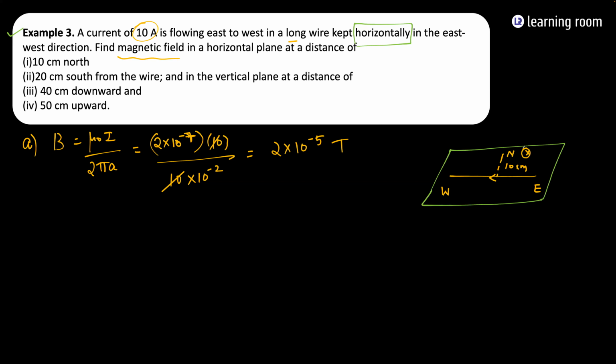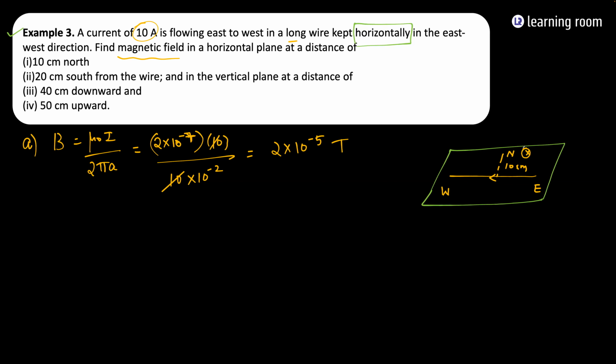So when I say into the plane here, you need to be very careful, isn't it? Actually, when I say into the plane, you need to mention it as vertically downward. In this case, why is it so? Because current is flowing from east to west. My fingers are actually going in the downward direction. So the field is going to be in the vertically downward direction.